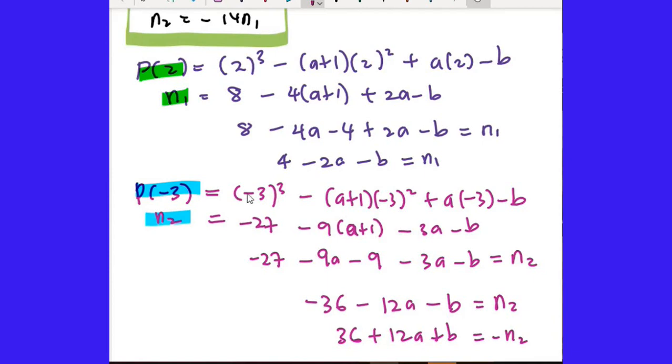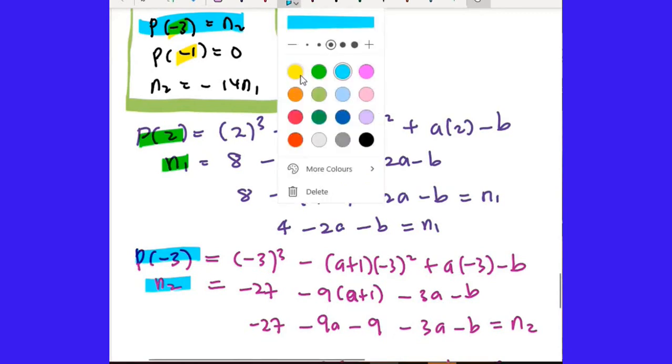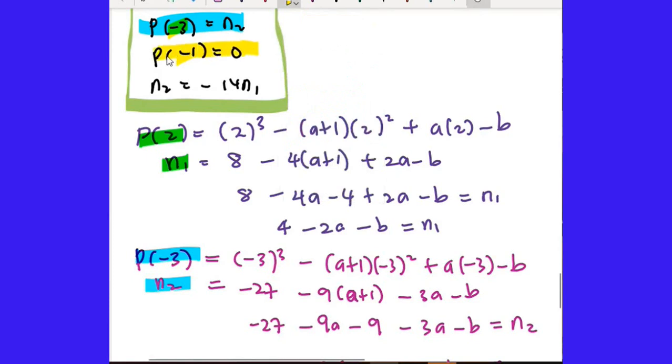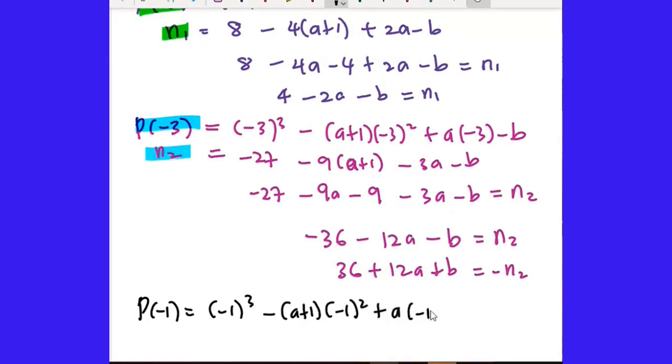After that the third info is this, P of negative 1 is equal to 0. We use this one now. Yellow color, this. P negative 1 equals 0. And black now. P of negative 1 cube minus A plus 1 negative 1 squared plus A negative 1 minus B. This one is equal to 0.